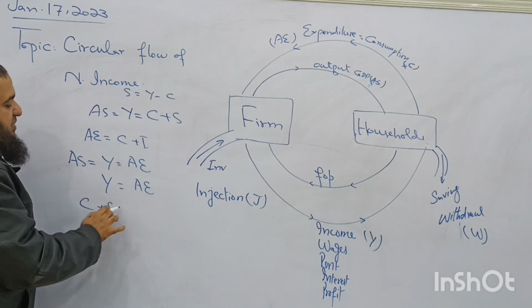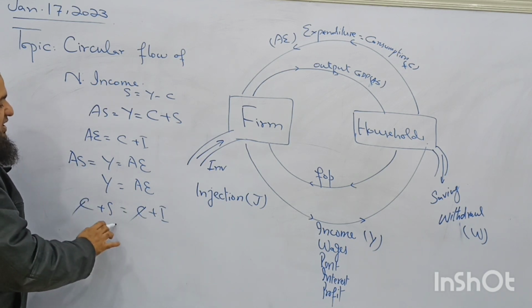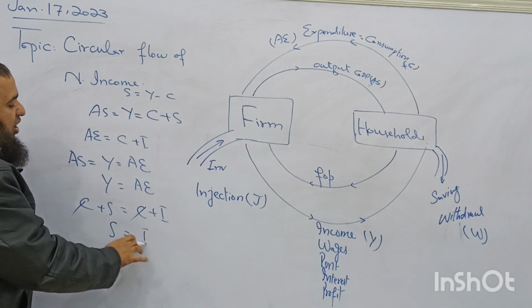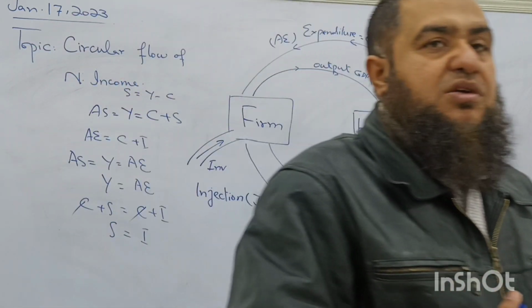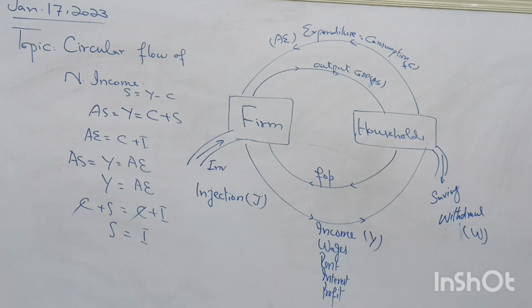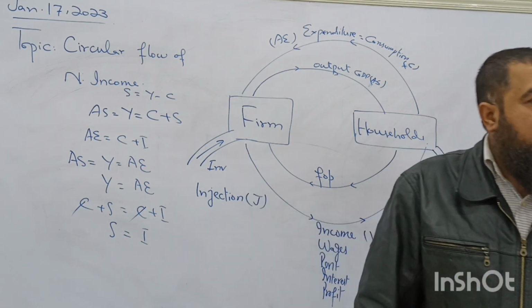Y is equal to C plus S, and that is equal to C plus I. So C is cancelled out. So in the long run, saving must equal investment in order to have the economy in equilibrium. In a two-sector economy, when there is no gap between saving and investment, that economy will be in equilibrium.